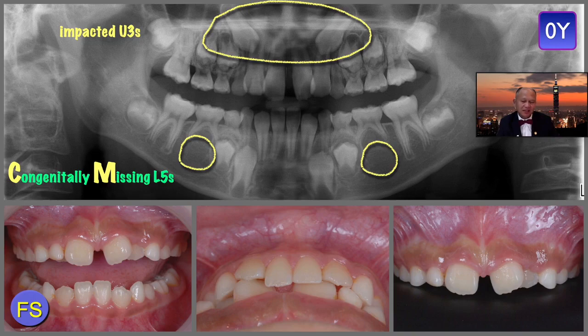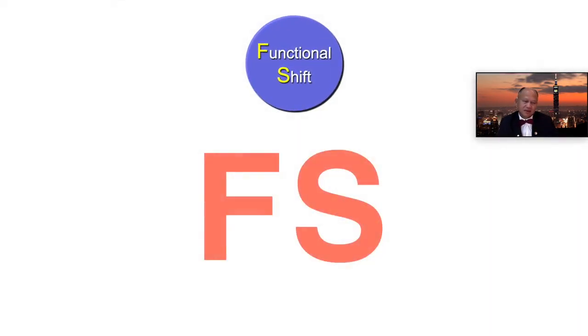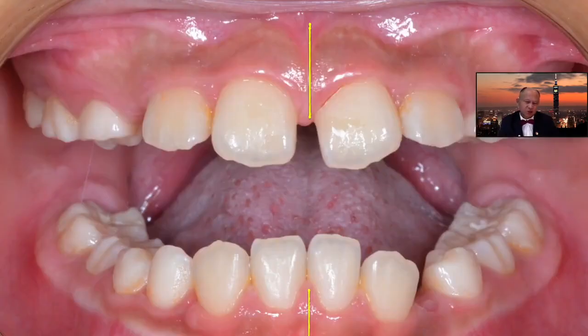And besides, if you check this case, he has a severe functional shift. Every time you look at an anterior crossbite, you always need to examine whether the patient has a functional shift or not. Functional shift is important for anterior crossbite.